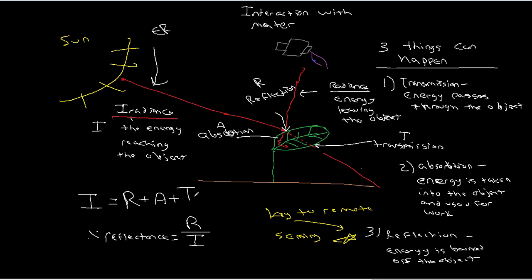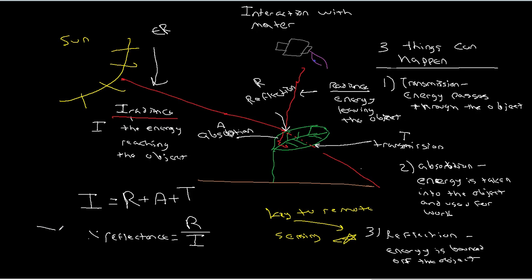Because we know that the amount incoming is either reflected, absorbed, or transmitted, we can calculate the proportion of energy that was reflected by dividing the reflected energy, or the radiance, by the irradiance.